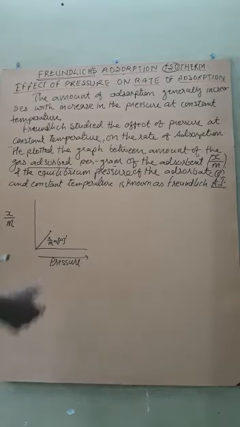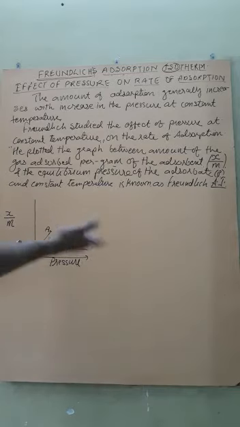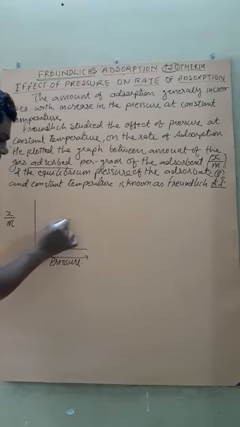That is, x by m depends on pressure. Suppose this is O and this is A. When more pressure is increased, the rate of adsorption increases but the increase is a little less.